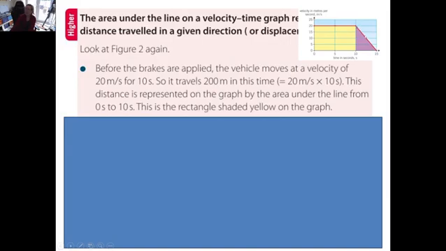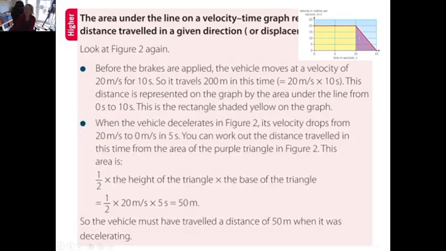In this section, the object is decelerating or slowing down, and if we look at the area here, then we need to say 20 multiplied by 5, the difference there is 5, and we need to take half of it because we are wanting the area of the triangle, and that gives you a distance of 50 meters. So in total the distance covered was 250 meters.